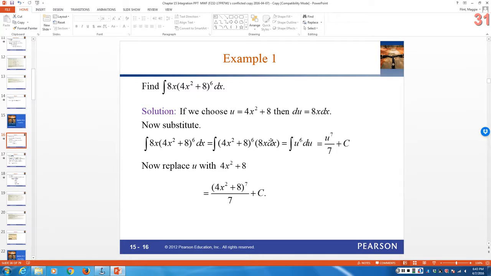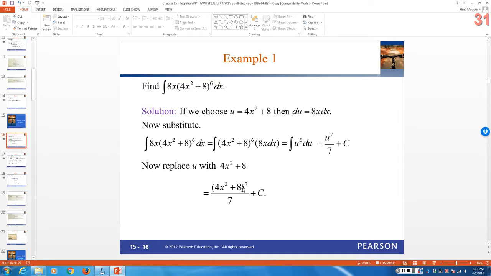The 8x dx just goes away. It's like it's not even there. It really is just part of the dx part of the problem. So we're really just taking the antiderivative of something to the 6th power, which is that same something to the 7th power divided by 7.